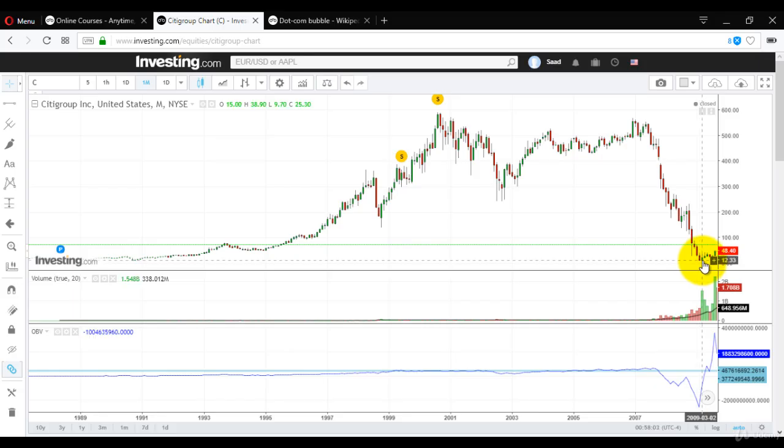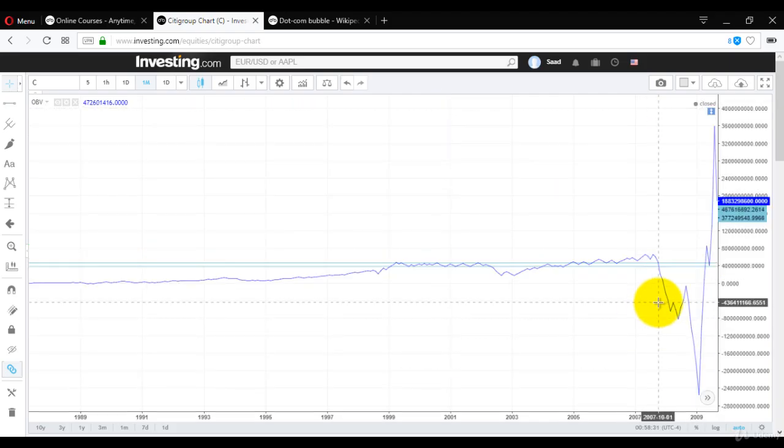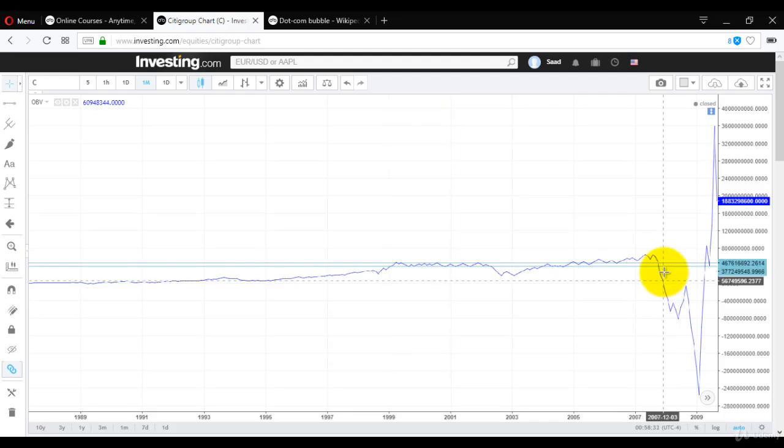And this is March 2009, $9.70 low. That's huge. That's not even 2 years. That's 1 year, 6 months, approximately 18 months. And in 18 months, it dropped from $333 to $10. That's huge. And why? Because you can see the OBV telling you before time that institutional investors sold.